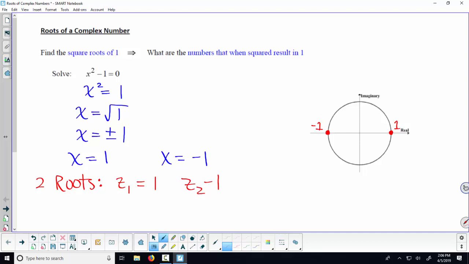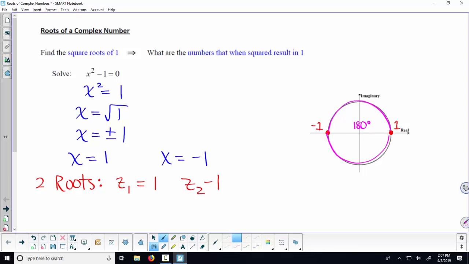Okay, so I have two roots. Now, look at the spacing of those roots about a circle here of radius 1. To get from one root to the other, they're basically 180 degrees apart. Okay, so they're evenly spaced 180 degrees about a circle of radius 1.